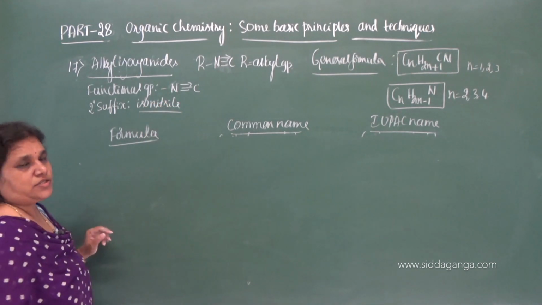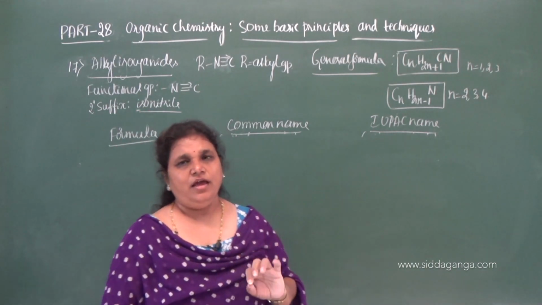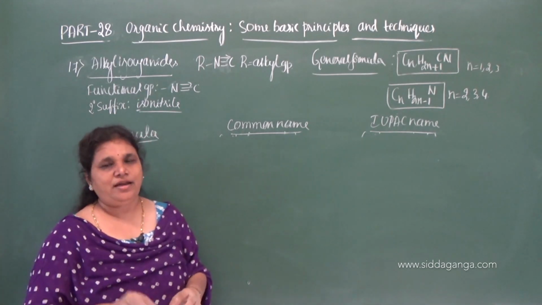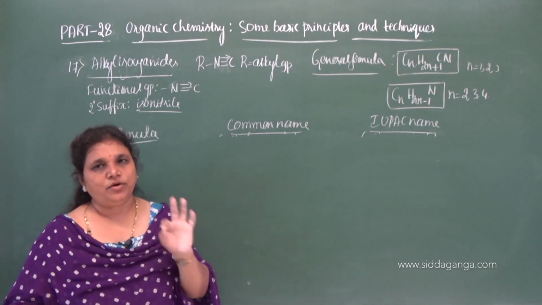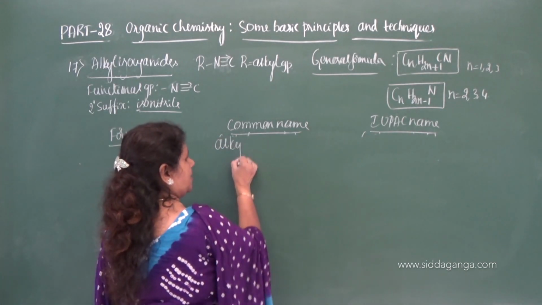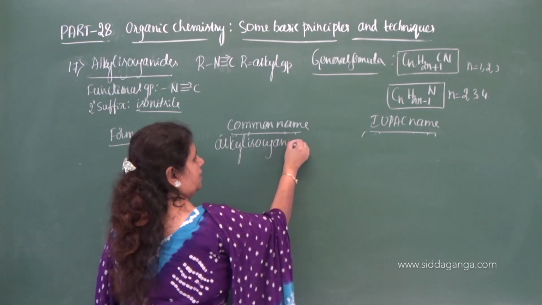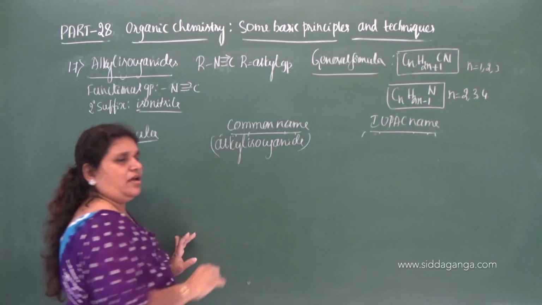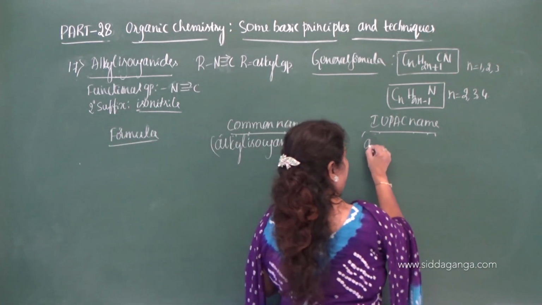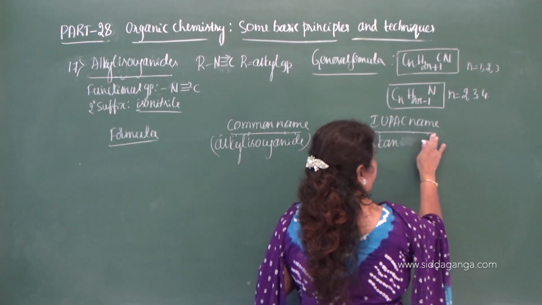Only in a common name you have to name it as alkyl isocyanide. Instead of cyanide, what you have to write? Isocyanide. Okay, and here alkane isonitrile.